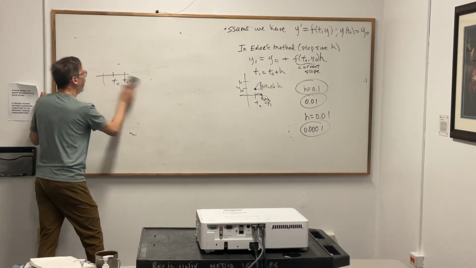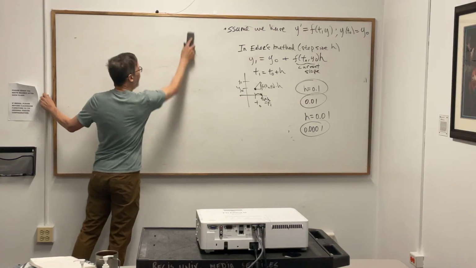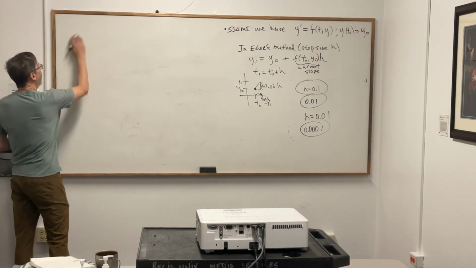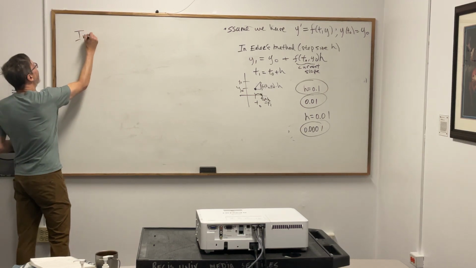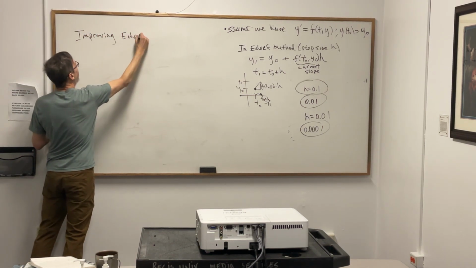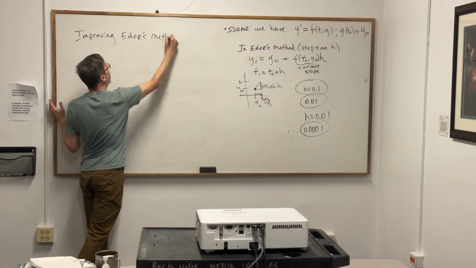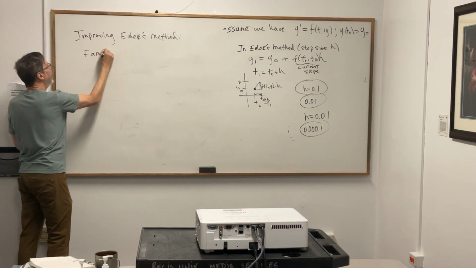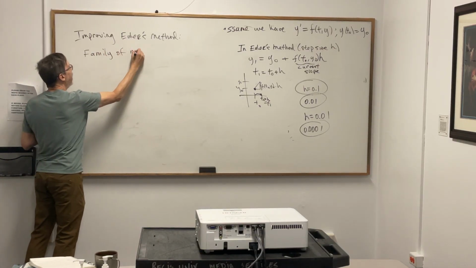So improving on Euler's method is very cool. And once you see how it works, you'll understand all Runge-Kutta methods forevermore. So improving Euler's method, what we get is a family of methods.